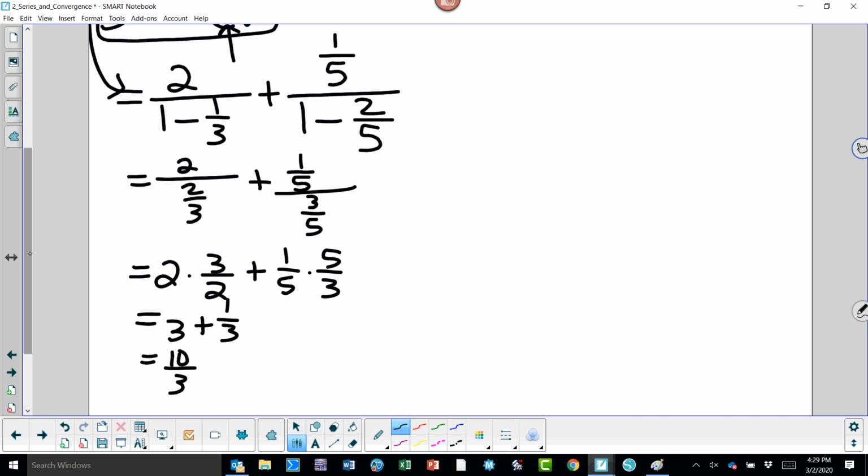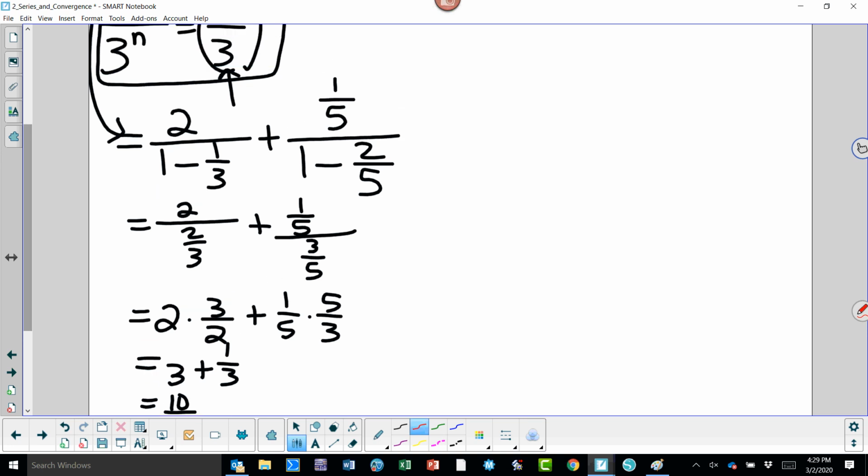Now what I could have done that would be much easier: anytime you have fractions inside fractions, you can clear them by multiplying, and we've talked about this before. So I'm going to take the first one and multiply every term by the common denominator, which is 3. So what I actually did was multiply the top of the big fraction by 3 and the bottom of the big fraction by 3. I just had to distribute on the bottom. So I end up with 6 over, this will cancel, so 3 minus 1, which is 2.